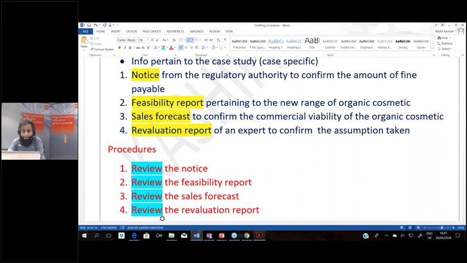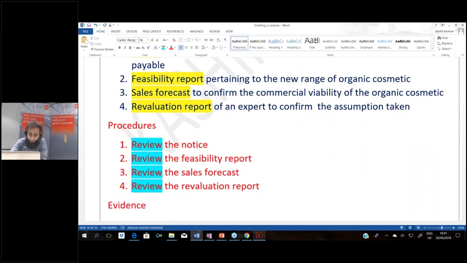Okay. And if I make the same list into evidence, then what should I be doing?